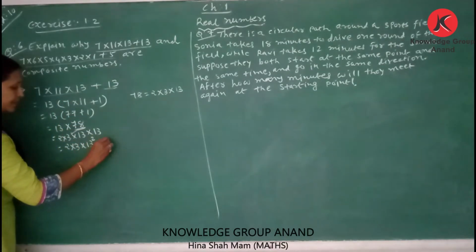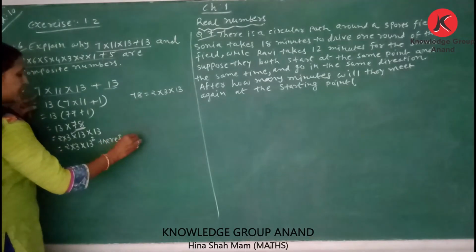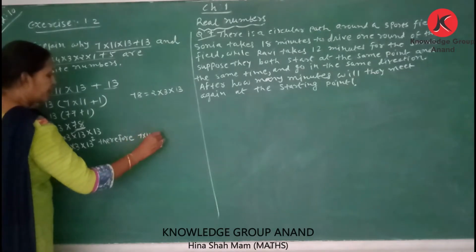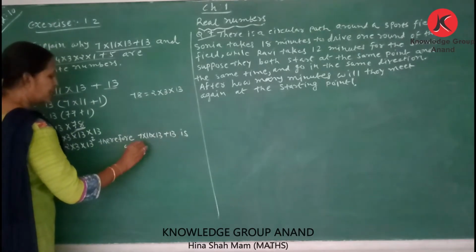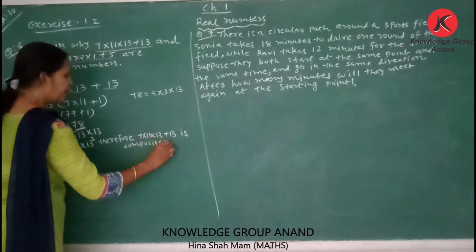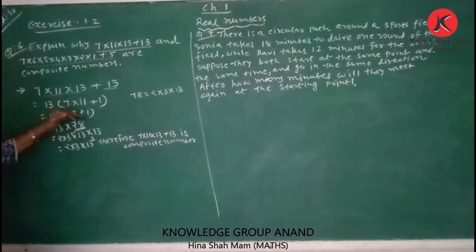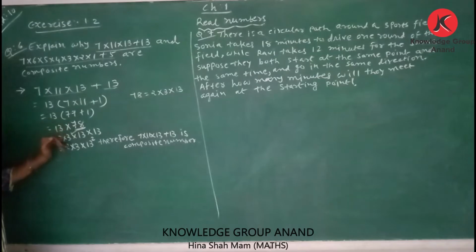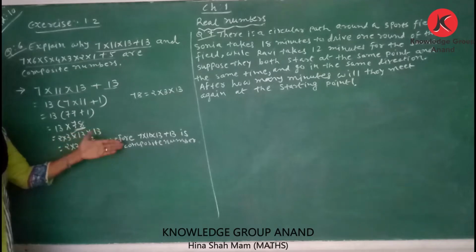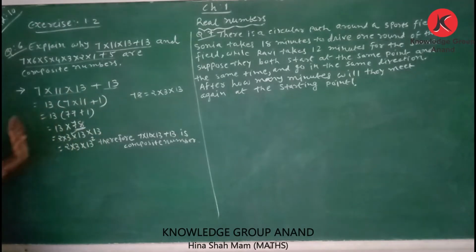Therefore, 7 into 11 into 13 plus 13 is a composite number. Understood? First we take the common factor, then we show the factors of 78, and then we write 2 into 3 into 13 into 13. Therefore 7 into 11 into 13 plus 13 is a composite number.